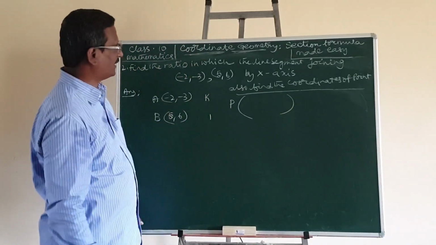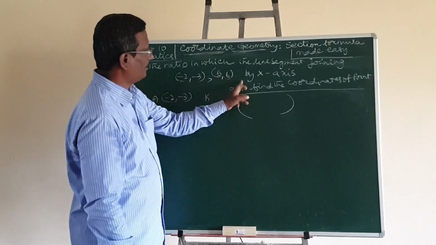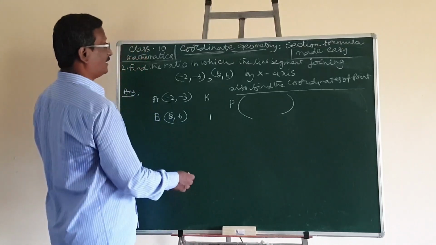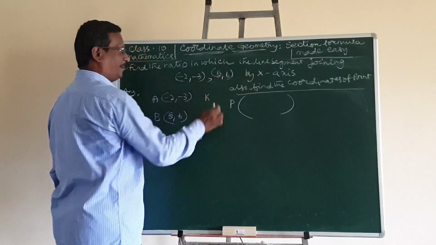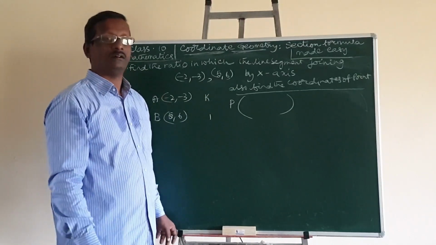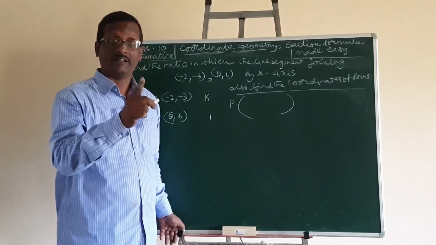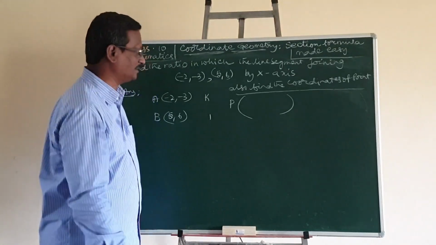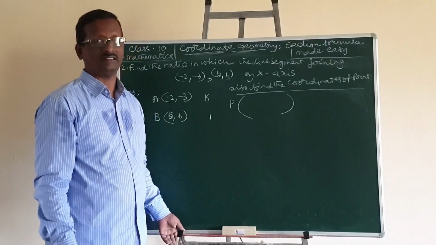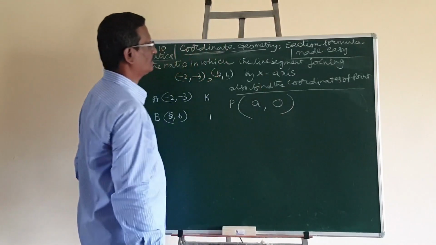Here he says this line segment joining A and B by x-axis, means the point where the x-axis and the line segment are meeting is exactly on the x-axis. On the x-axis, any point you take, the corresponding y coordinate is 0. Means the general coordinates of any point on the x-axis is a comma 0.